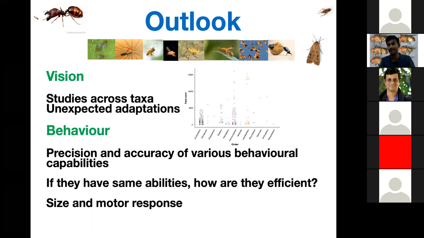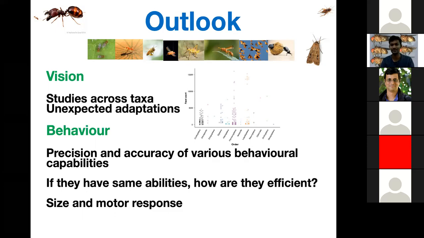And if we find that some smaller species have similar abilities as bigger species, we can further look into how they are being so efficient with such smaller sensory structures and still be able to perform the behavior as well as larger insects.